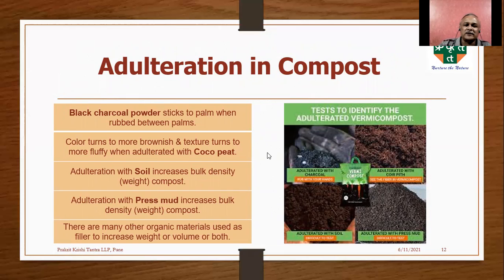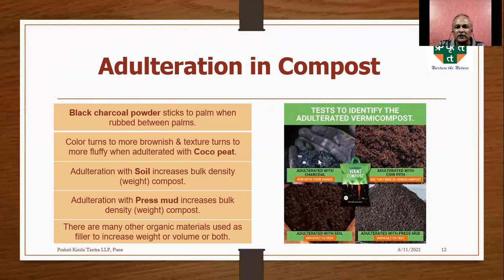Adulteration of compost is very important. So here, if you are buying from the market, then be careful what you're buying and whether you are being cheated or not. Here you see this is adulterated with charcoal, and when you hold it in your palm, the charcoal's black color will make your palm black too.